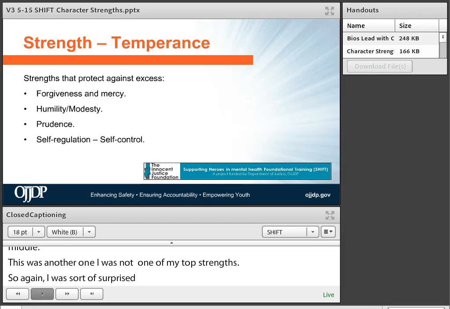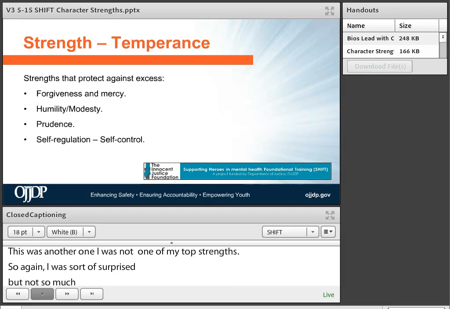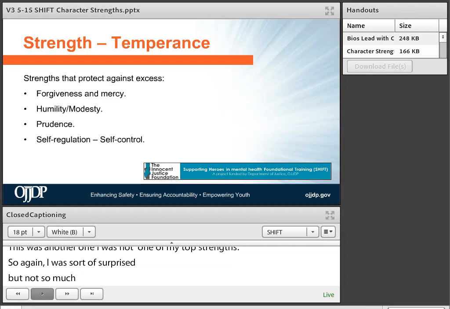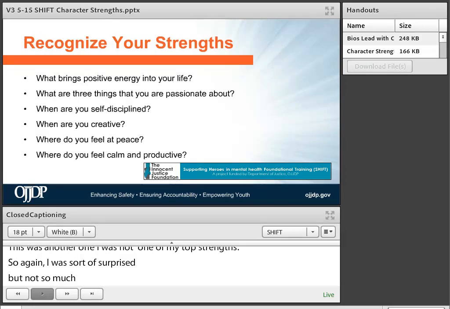And the way that I did that is to be mindful of what I did on a daily basis, and if I was doing something to more of an excess, how could I moderate that and slow that down? So again, if humility and modesty is your strength, or your strength is the ability to forgive and have mercy, then how can you use that in your everyday life?